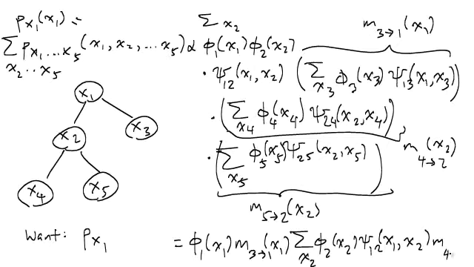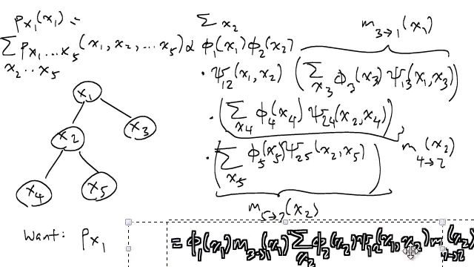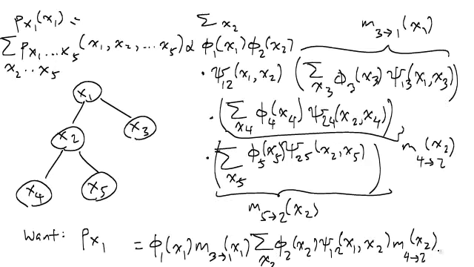So the message from 4 to 2 of x2, and the message 5 to 2 of x2. This thing will actually be proportional to the marginal at x1.